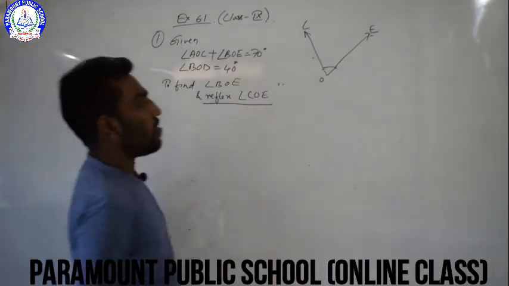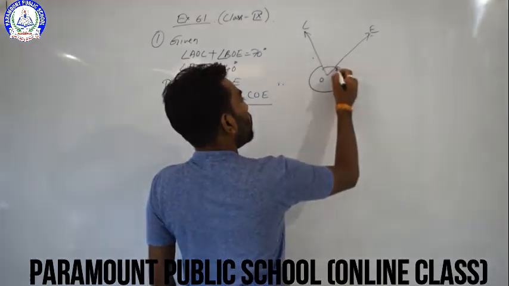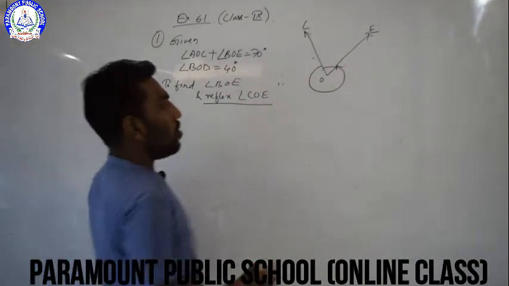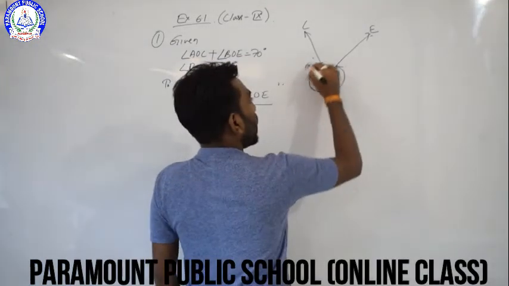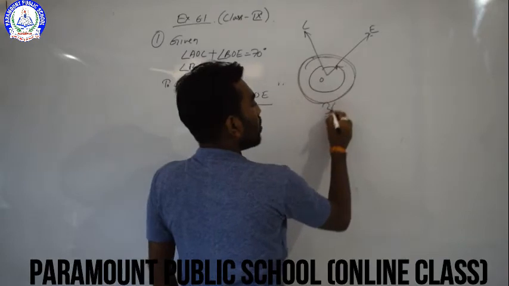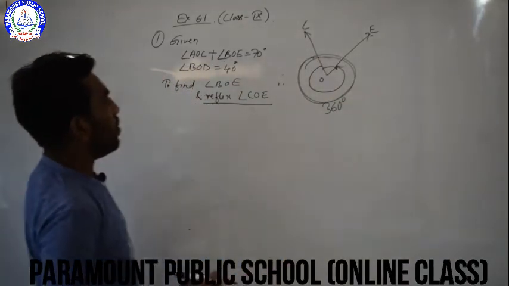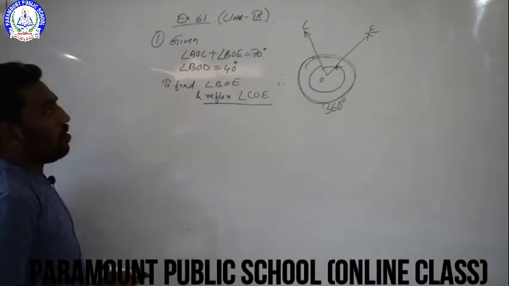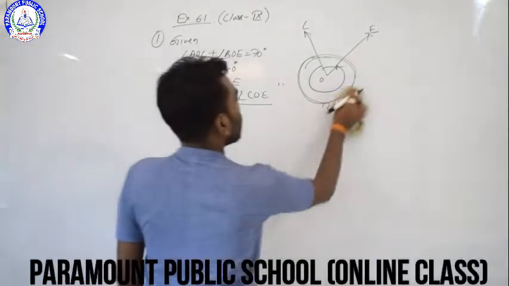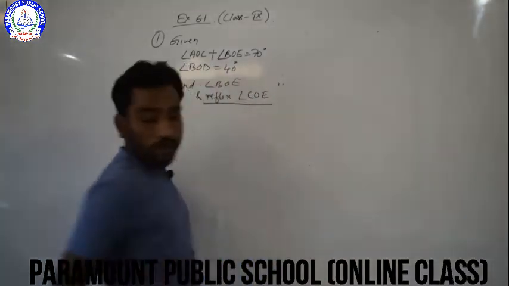So what will be reflex angle COE? Reflex angle COE is nothing but the bigger angle. So we know this complete angle is 360 degree, and we don't know what angle COE is. So we can find angle COE. Let us first find the value of angle COE.